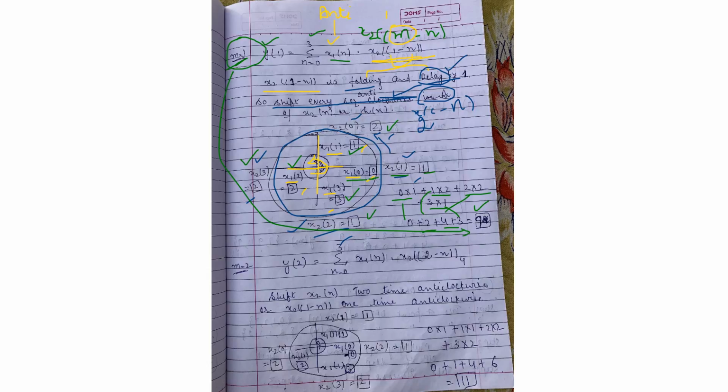Similarly, go for m equals 2. You write m equals 2, y of m is the summation from 0 to 3 of x1 of n and x2 of 2 minus n. It means you have to delay this one by 1, because this is the plot of x2 of 1 minus n, and here is x2 of 2 minus n, meaning delay of this.